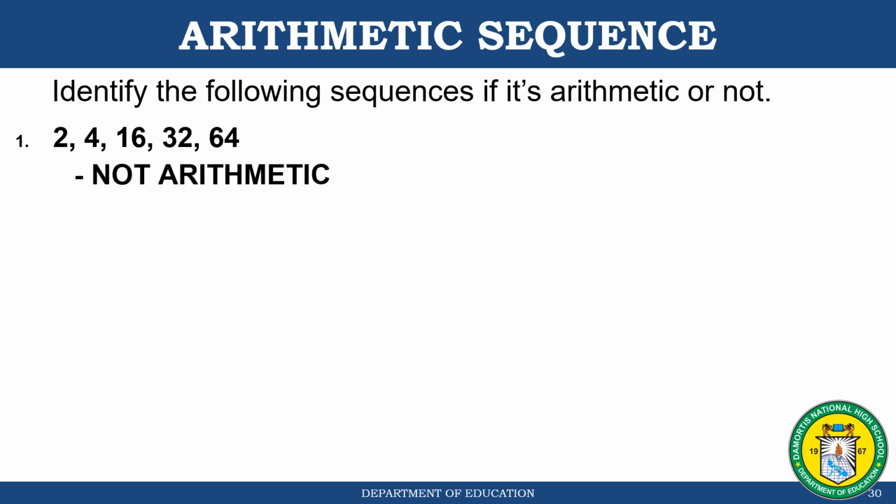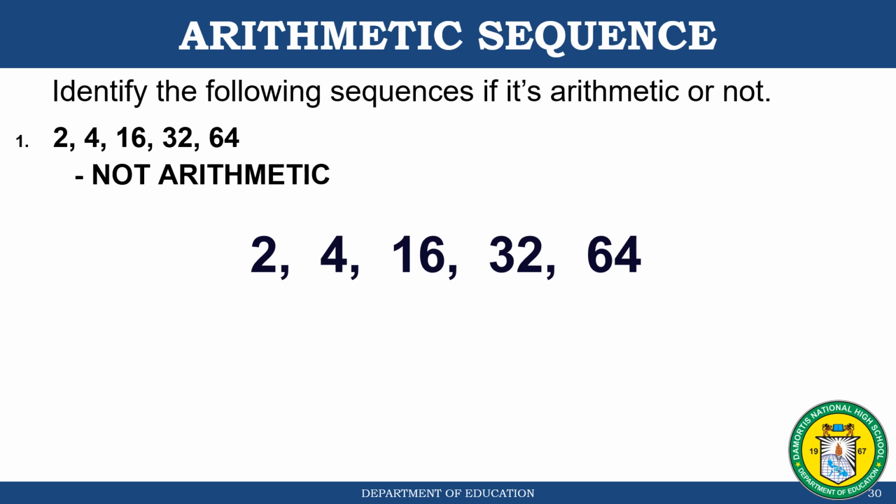Why? Let's try to explore the differences of the consecutive terms. We can start also from 4 and 2 because 4 comes right before 2. So 4 minus 2, the answer is 2. The next, 16 minus 4, you will have 12.